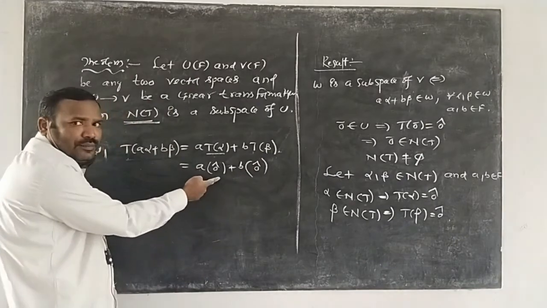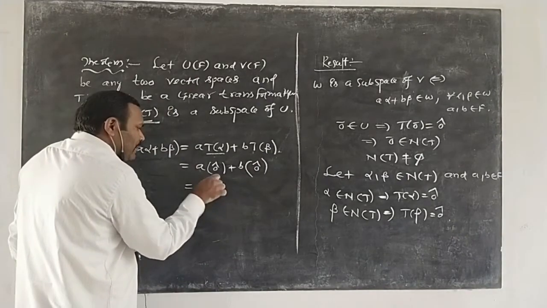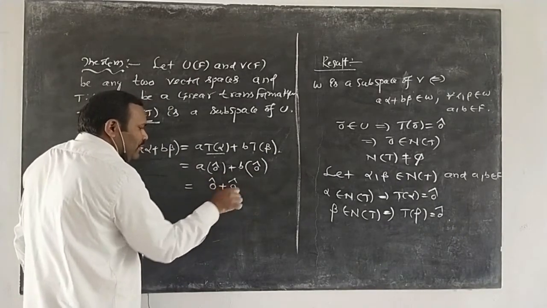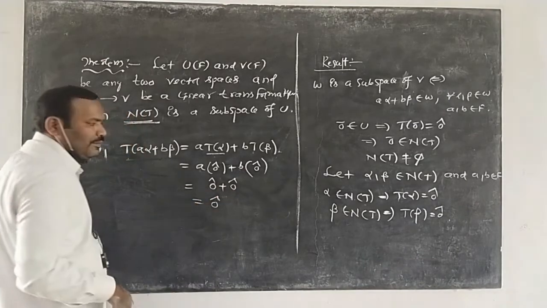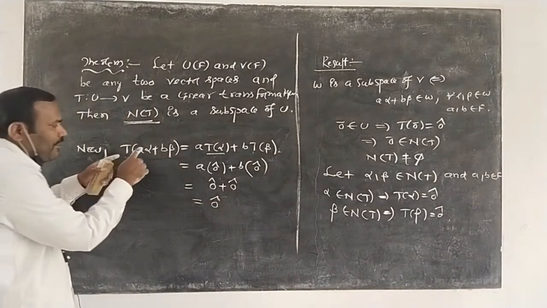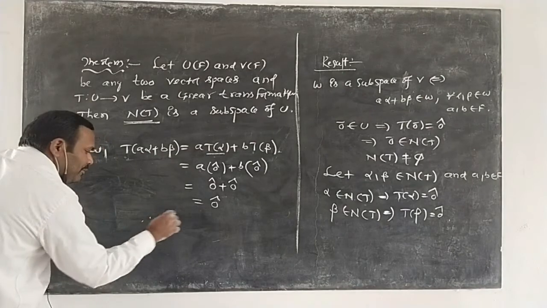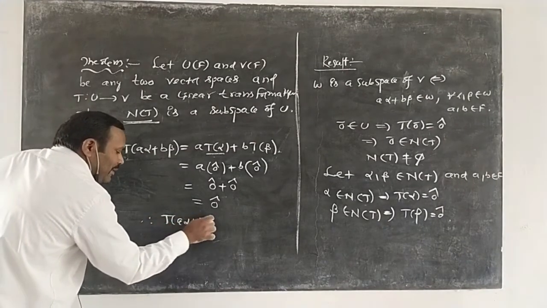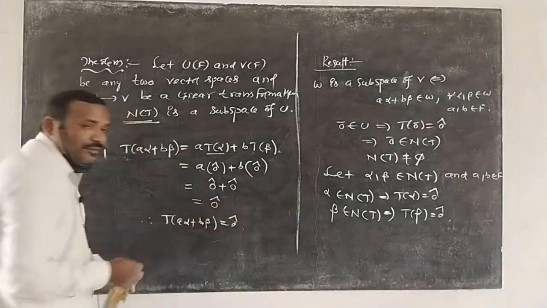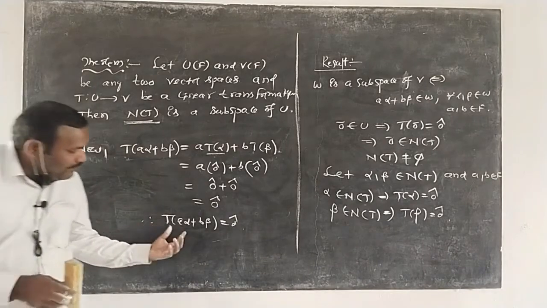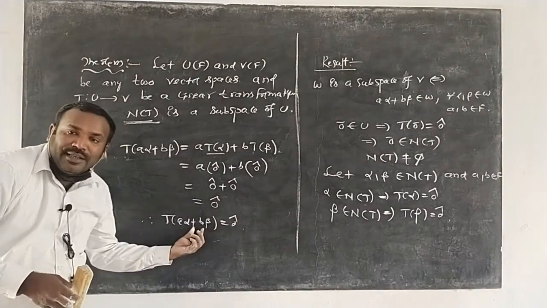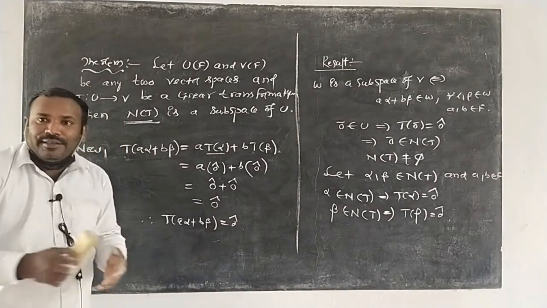A into 0 is 0, plus B into 0 is 0. 0 plus 0 is 0. So T of A alpha plus B beta is equal to 0 cap. If T of something equals 0 cap, then that something lies in N of t.